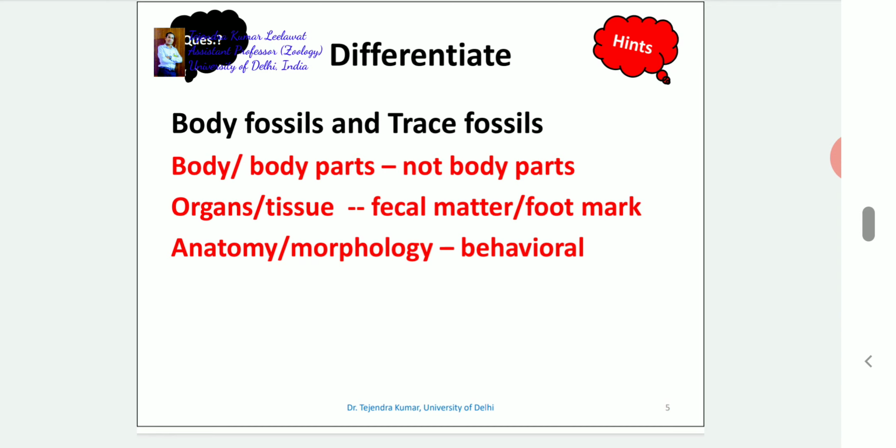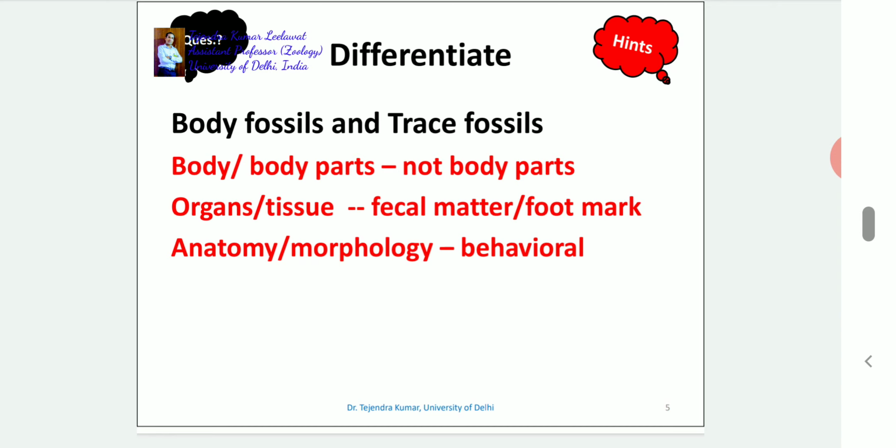It gives some information about their diet behavior. So trace fossils give us diet behavior, but body fossils give us the anatomical and morphological structure and information about that.